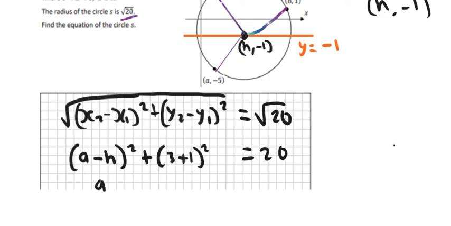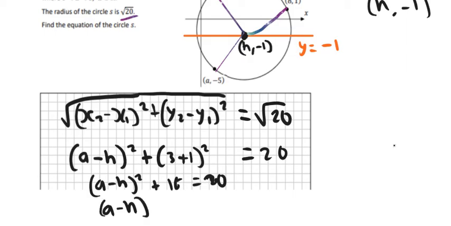So I get a minus h squared plus 16 is equal to 20. So I get a minus h squared is equal to 4. So that's an equation I get with a and h in it anyway.